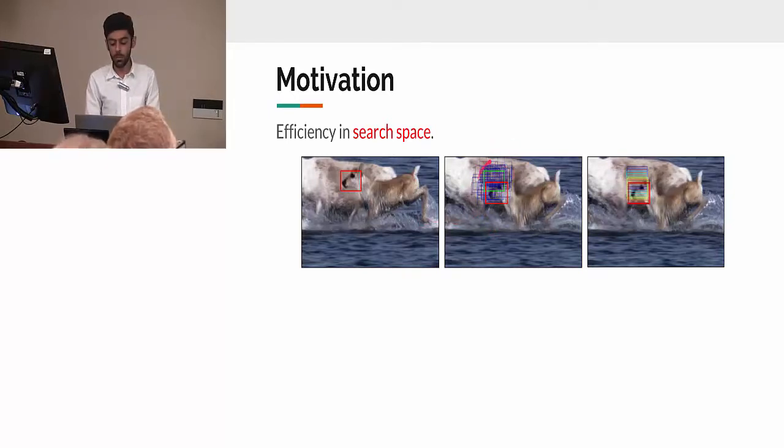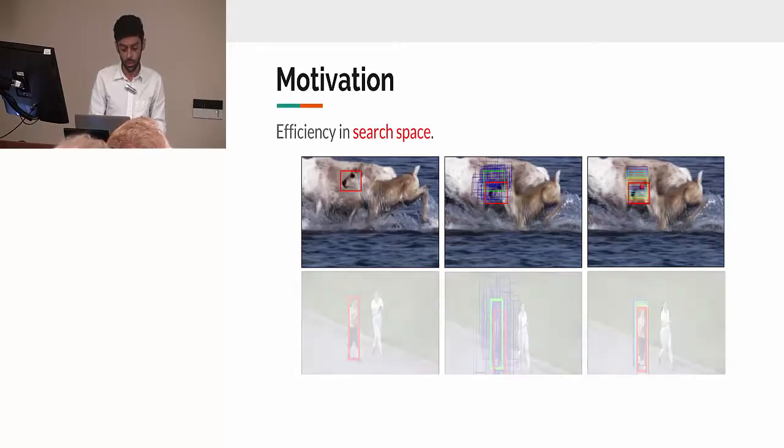These proposals can be made by just searching around it with some restrictions, say 5 pixels, 10 pixels around it, or a neural network can be used to give us these candidates. Then each one of these candidates is examined to determine whether it's object or background. But in this proposed method, which takes actions in order to find the object in the frame, as you can see, a very small number of proposals is examined through the learning problem.